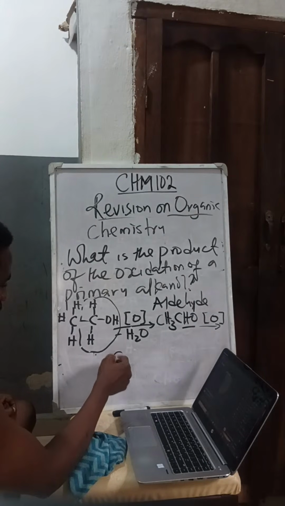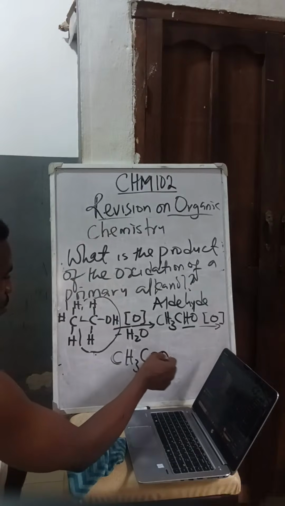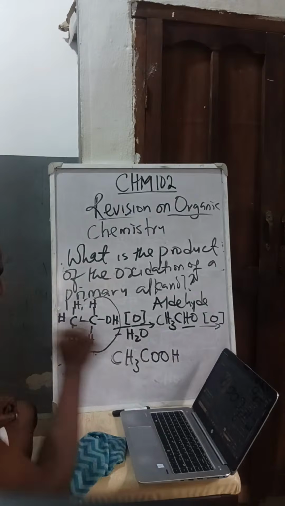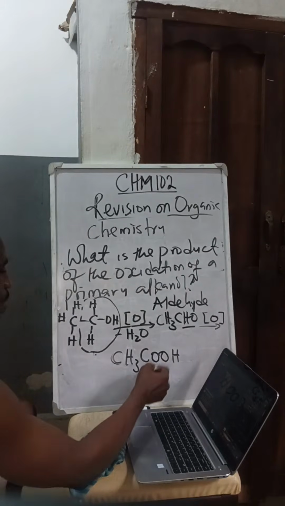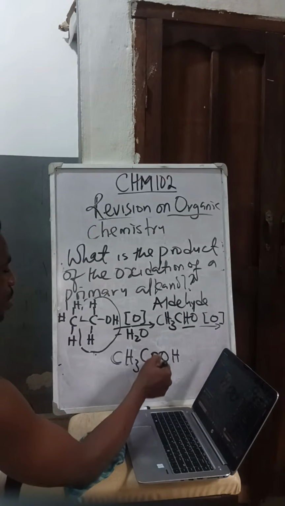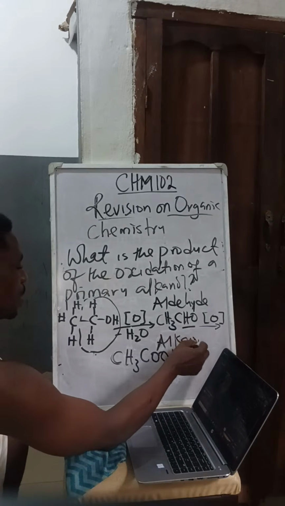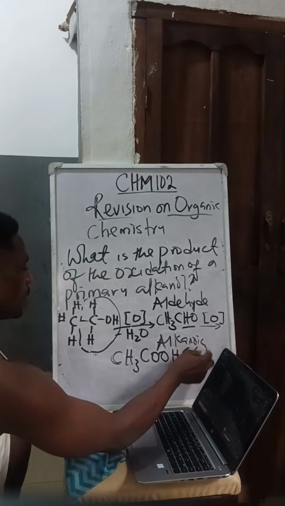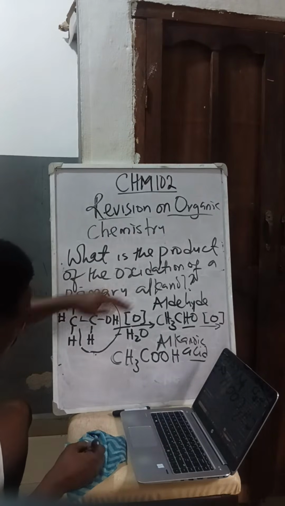So you have CH3COOH. This becomes alkanoic acid. Have you seen it?